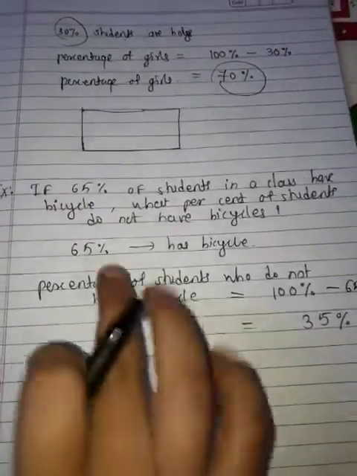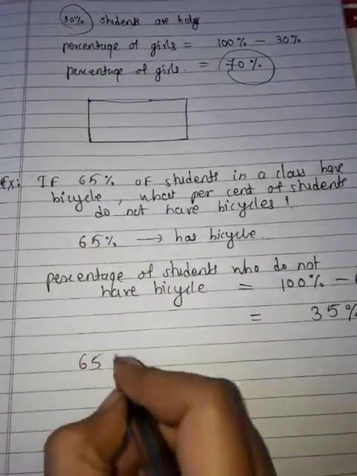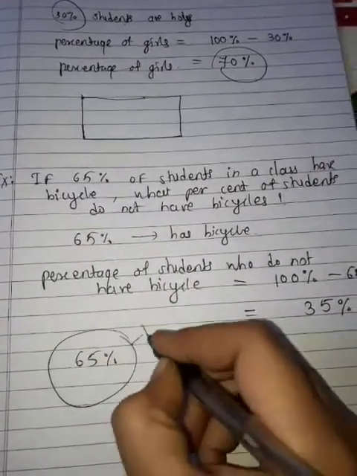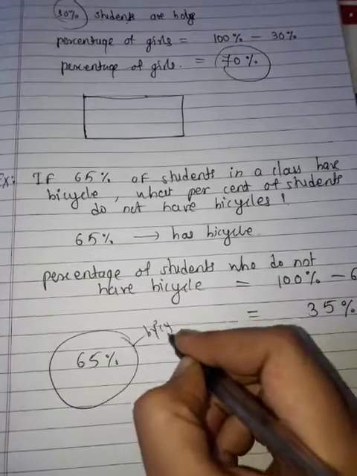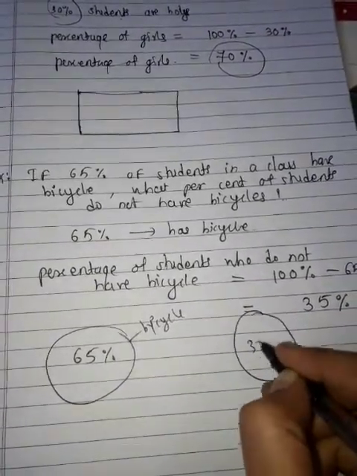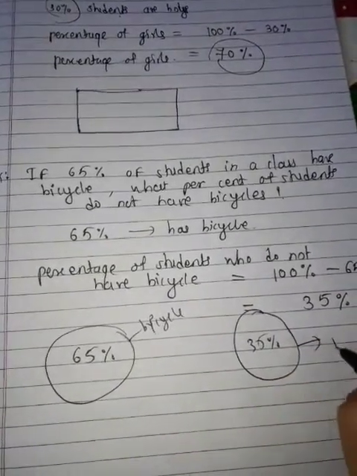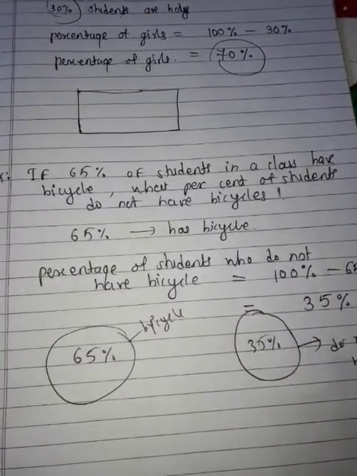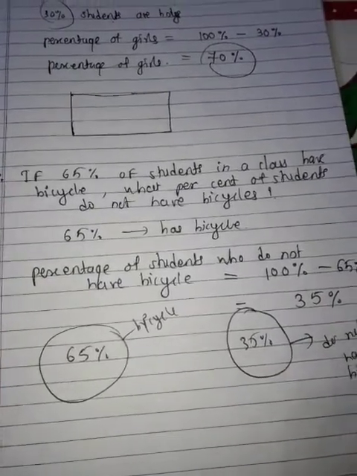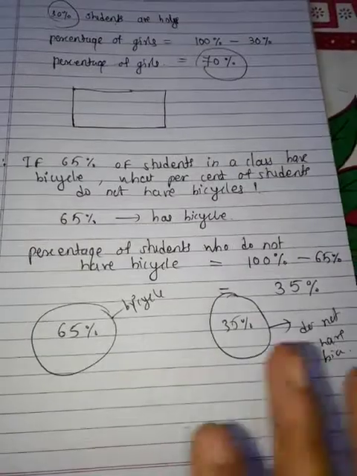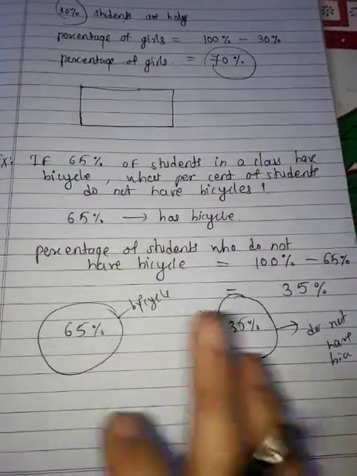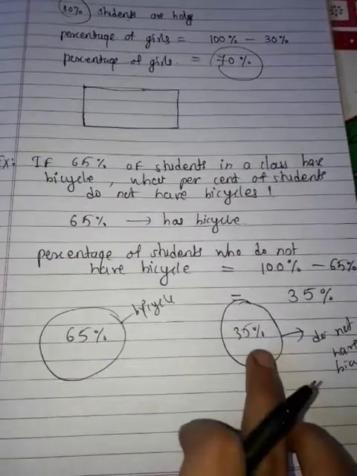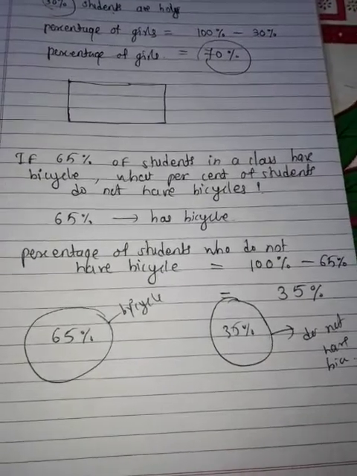Means if 65% of students have bicycles, then 35% of students do not have bicycles. So remember that all the parts when added from the whole must give 100%. So see here, 65 plus 35 is nothing but 100%.